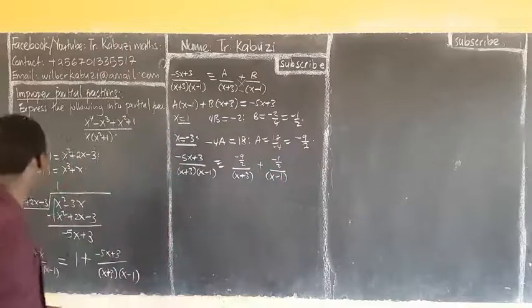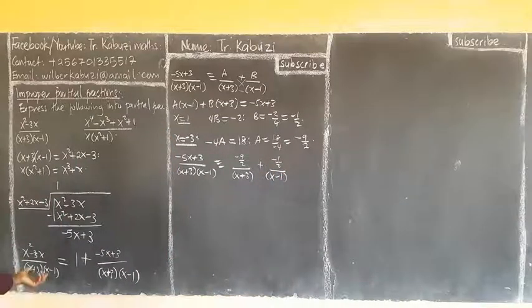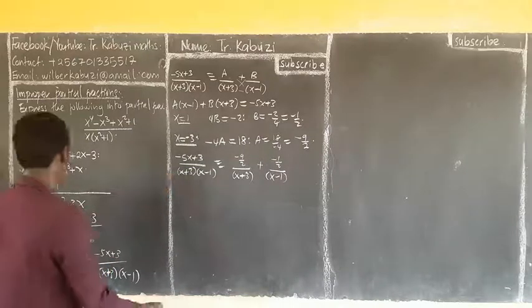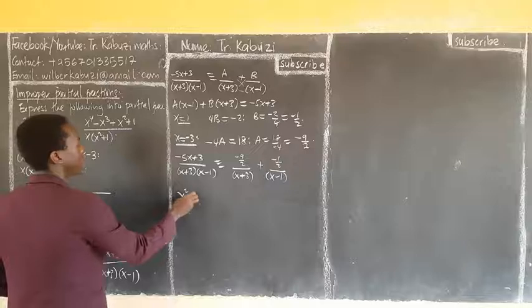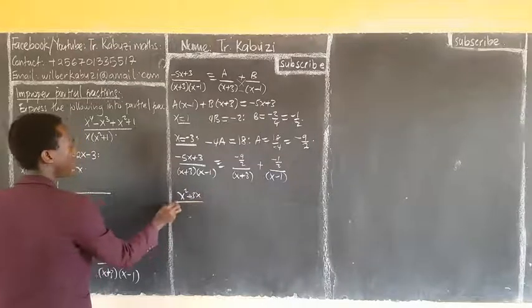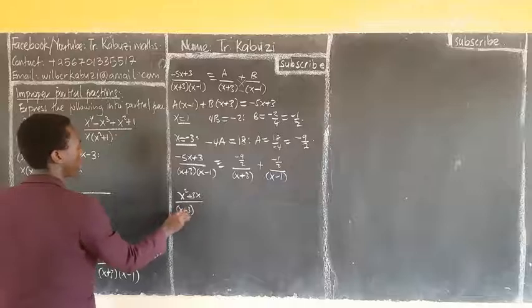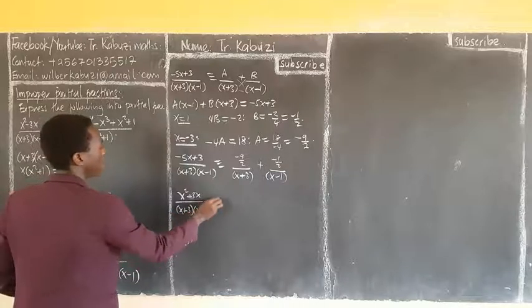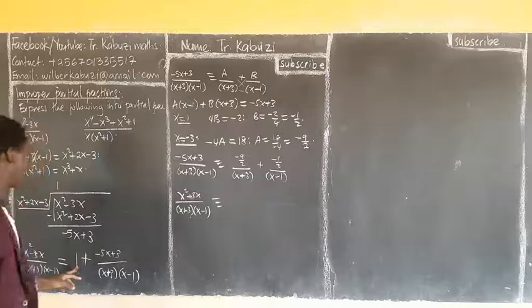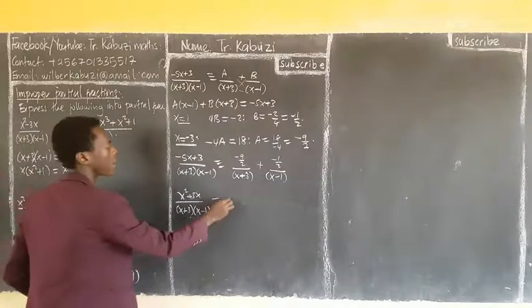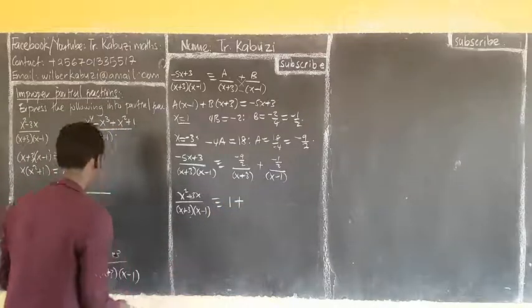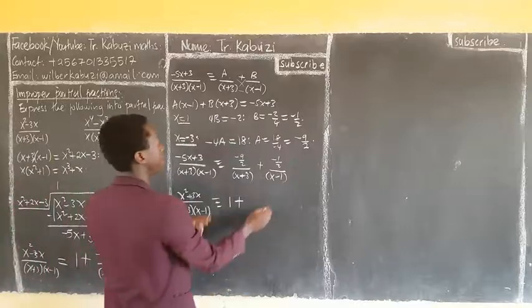So now the whole of this is going to be this, then plus this by this. So now my minus 3x is going to be now 1, then plus, now where is this? I'm going to put this.